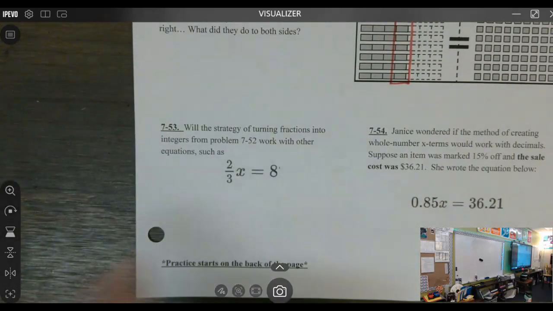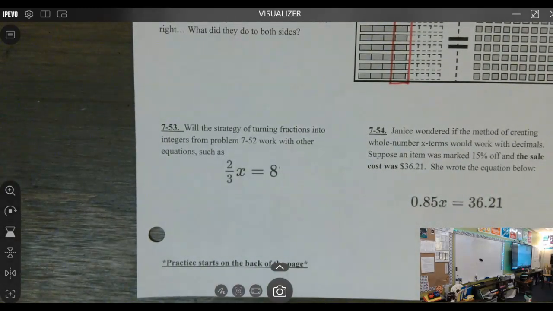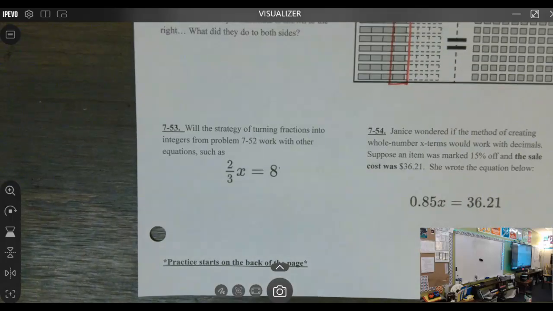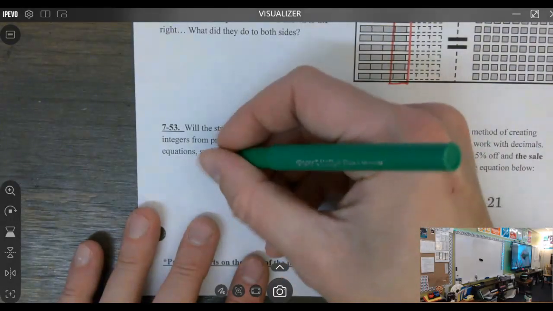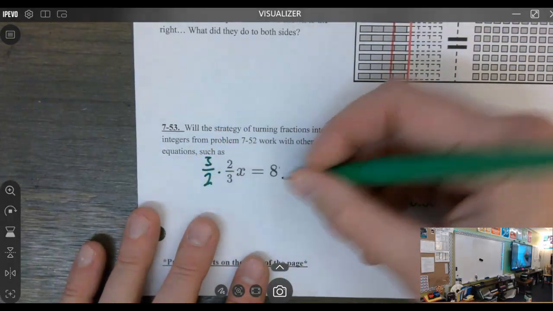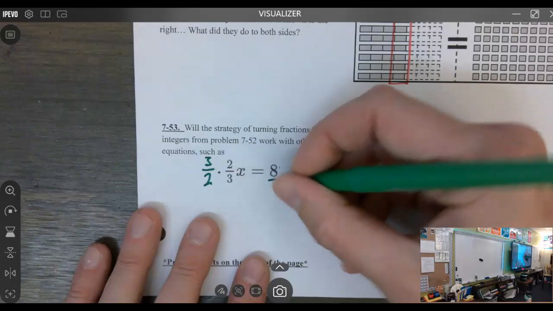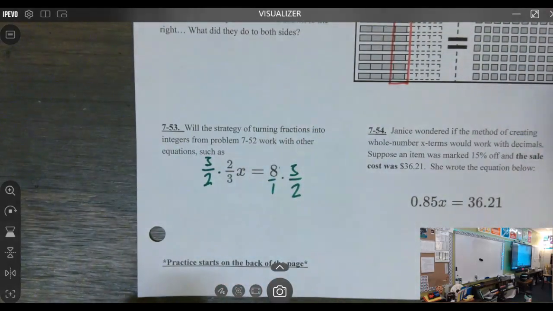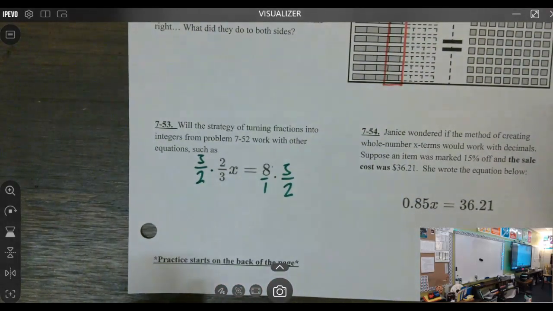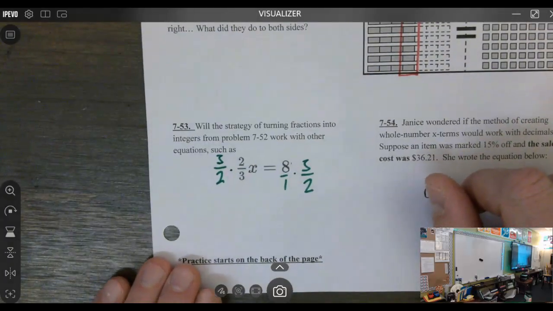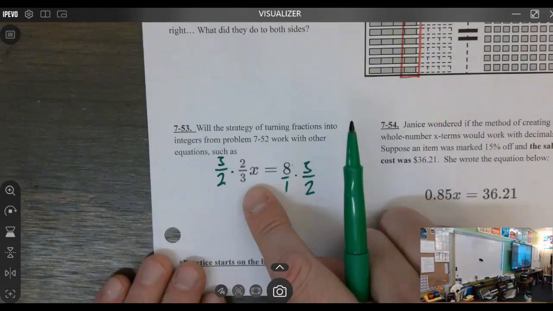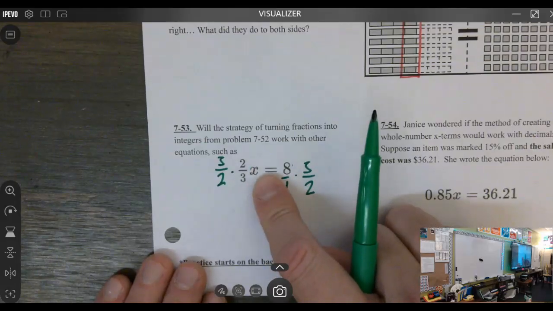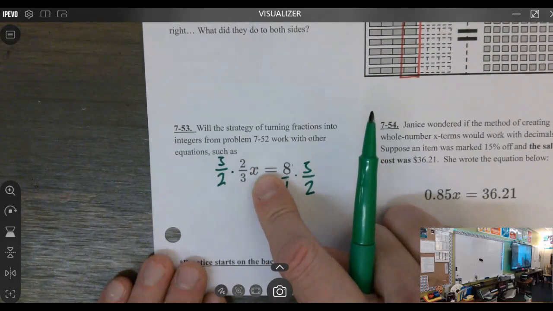Will, help me with 53. On both sides. Flippy fraction thing. So wait, Lydia, you're making a face. Is it because my 3s look sloppy? No. So 2/3 was multiplied by x.